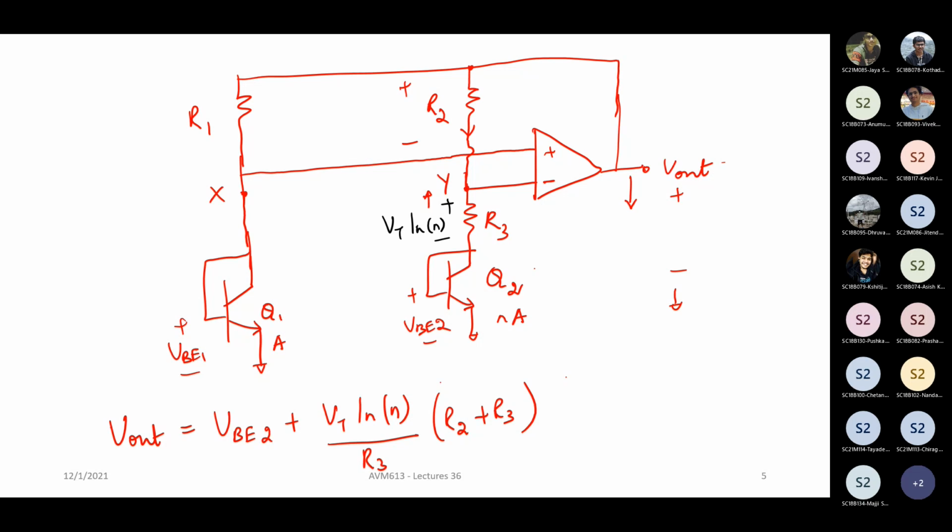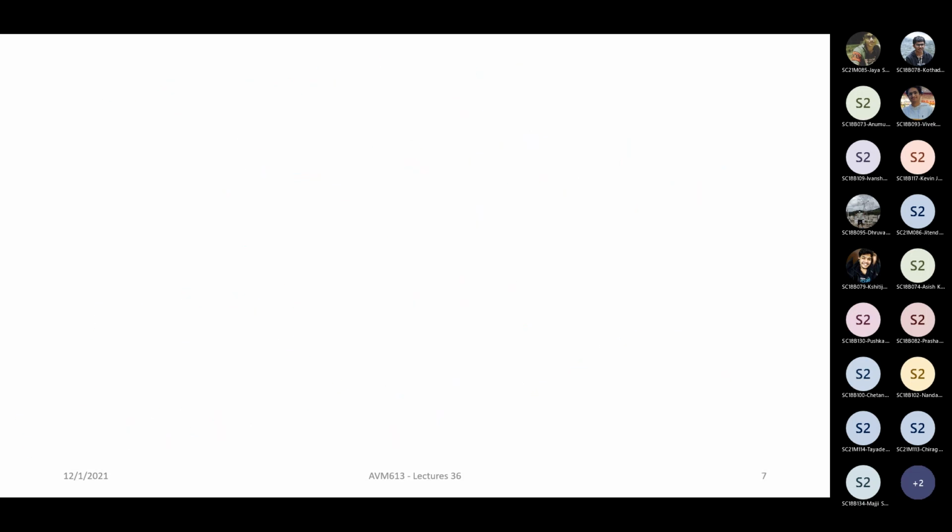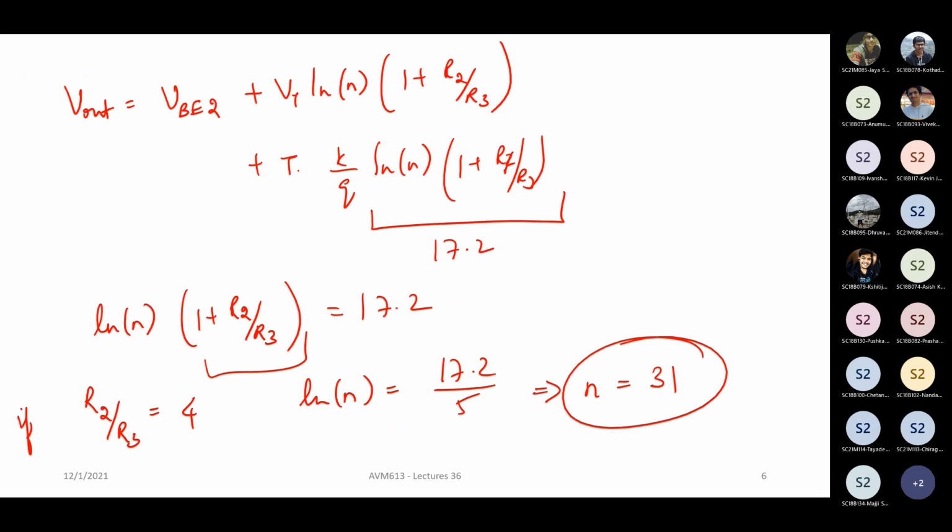First of all, there are some problems. First of all, there is what is called a collector current variation.